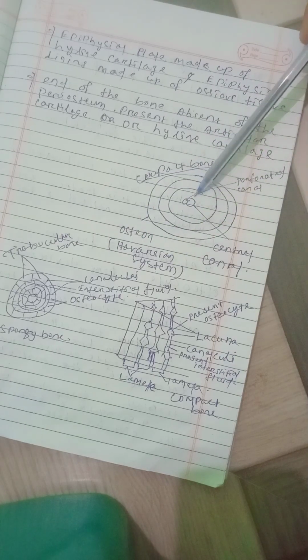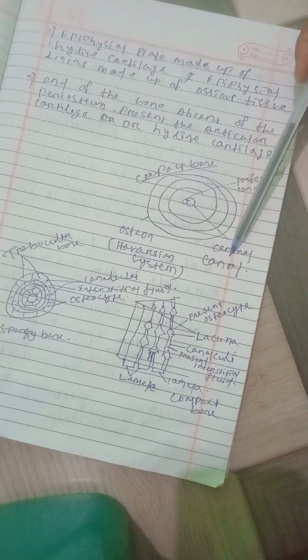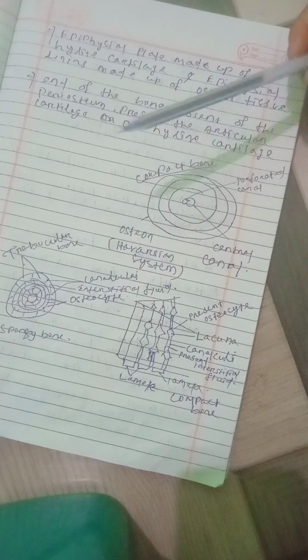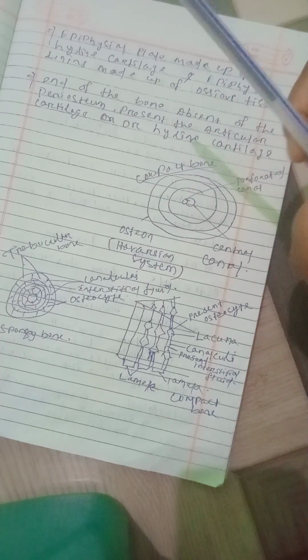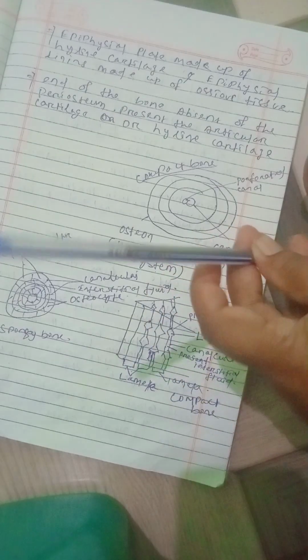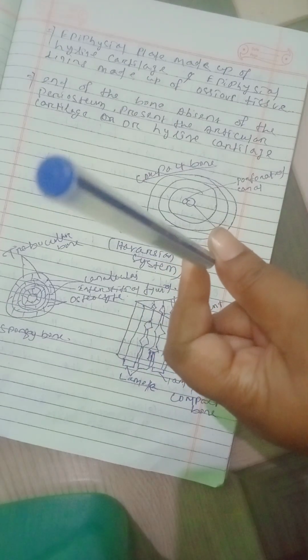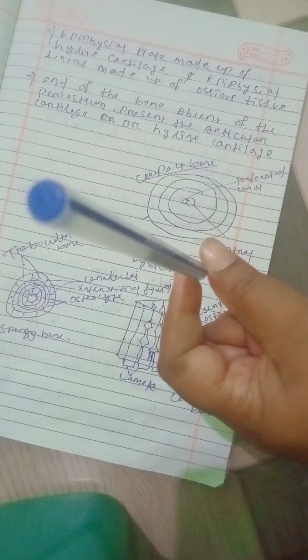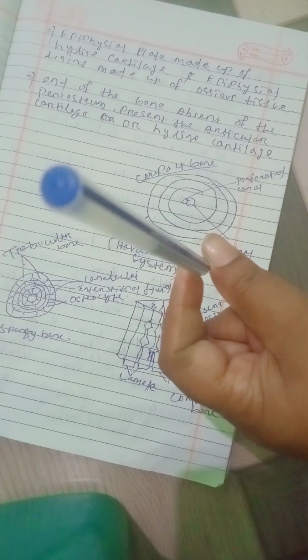In the center is the central canal, and nearby is the perforating canal. For example, we have markers. In the inner side of the markers, the refills are present. These refills are the central canal and the perforating canal.